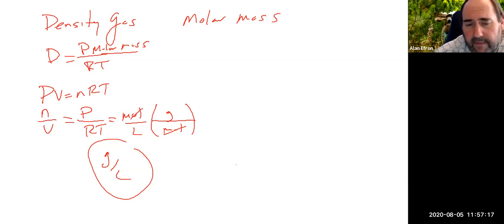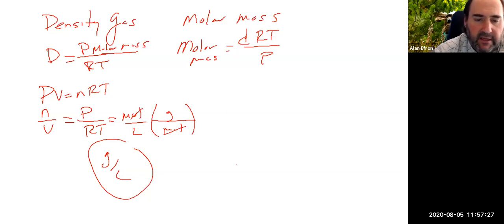For the molar mass, we could do the density times RT over P. And again, that's a shortcut way that you could do it, but this also is from the ideal gas law, and really molar mass is grams per mole.